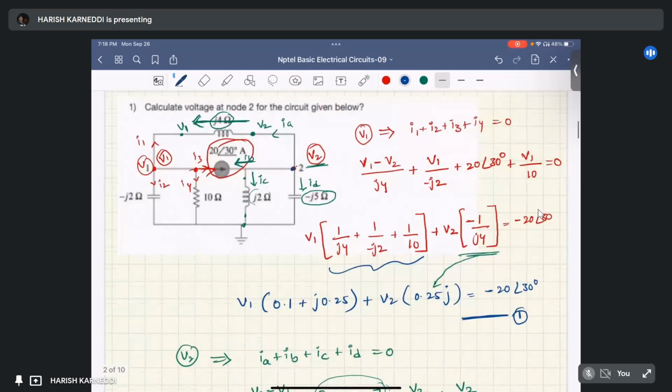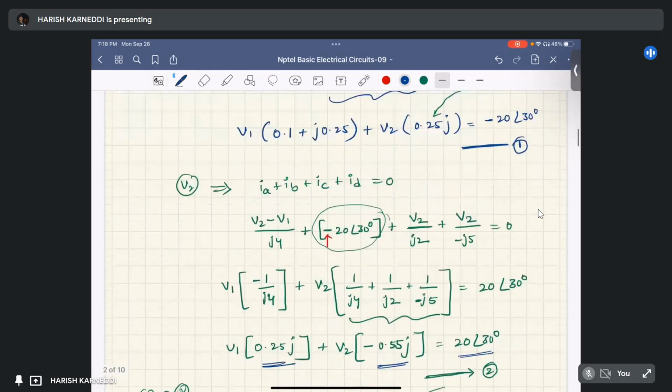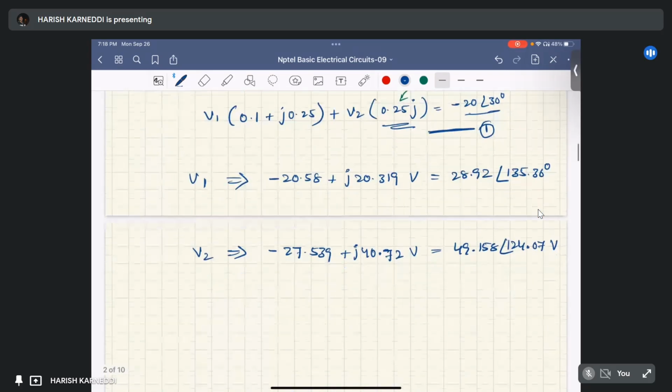So the voltage at node 2 is the same as V2. First we consider node V1 and apply KCL at this particular node, and second we consider node 2 and apply KCL at that node, and by solving those two equations we get the V1 and V2 values.